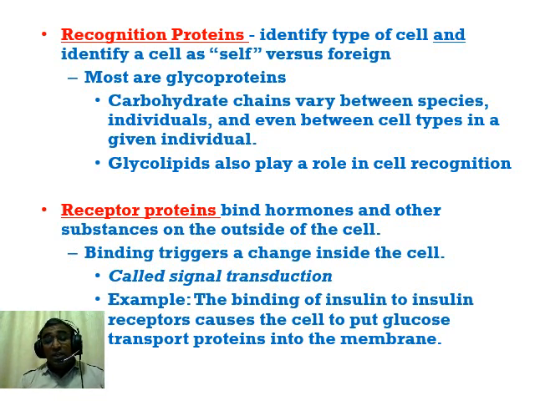Then you have the receptor proteins, which are useful for signal transduction. So you have, for instance, insulin. Insulin is a hormone that is released by the pancreas. It goes to the cell, say a muscle cell, and there is a special receptor waiting for it.